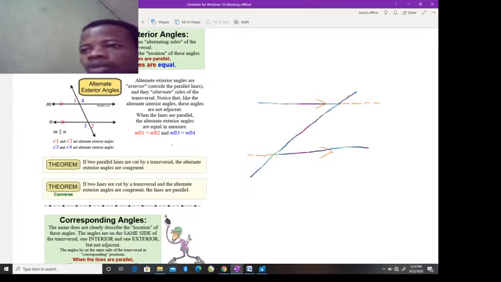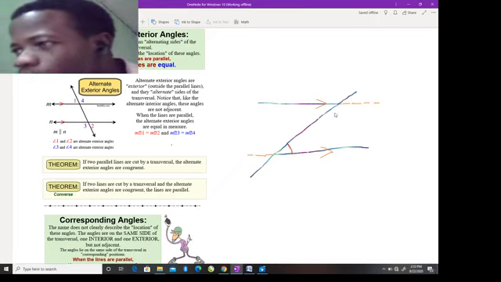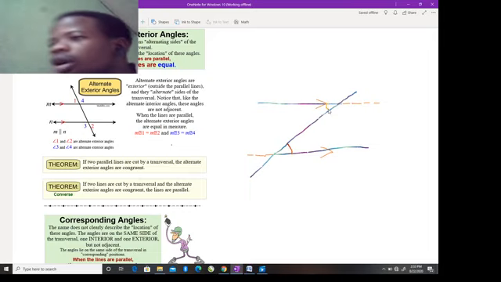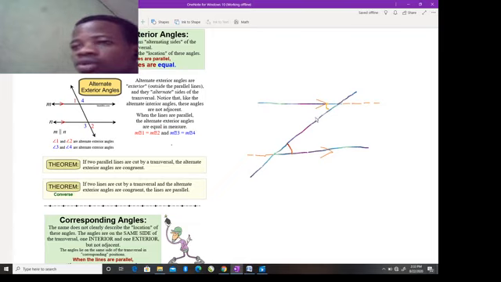Instead of picking this angle and this angle as interior alternate angles, all you have to do is pick those at the end. Like I normally tell my students, this place I take as an open angle. This place is a closed angle because there's a line closing it at the top. So you don't pick that place, you don't pick that place.